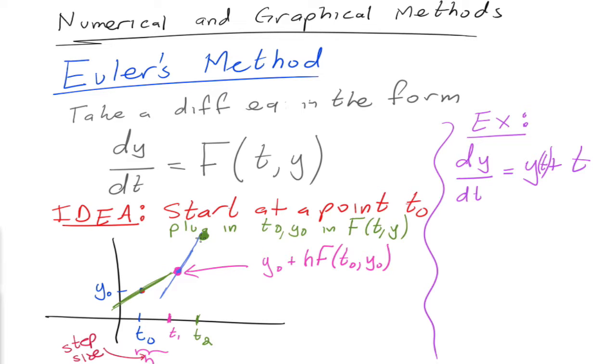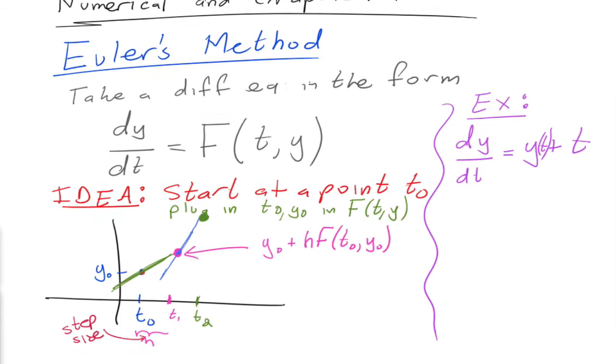Then you keep doing this, and your solution would be approximately just connecting all the dots. And that's it. It's a very, very simple idea. You find the derivative, move over, find the derivative, move over, and add them all up. That's it.